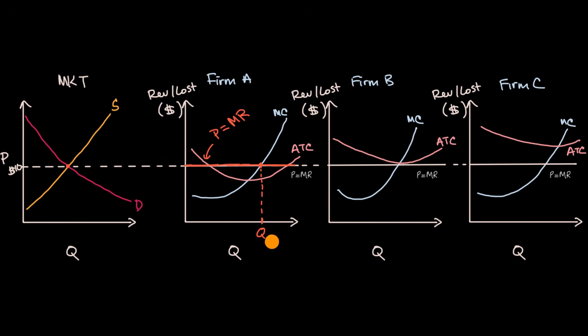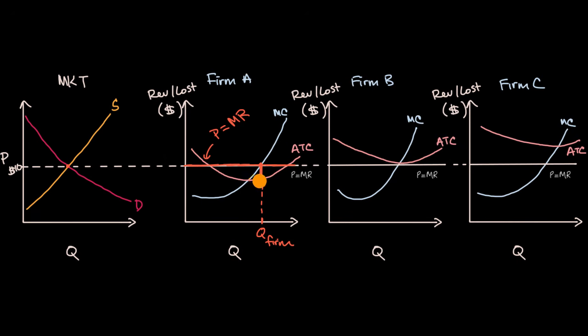So I'll say quantity for that firm. Now, is this firm going to be profitable or not? Well, at this quantity, what's its average total cost? Its average total cost is right over there. And so for every unit, it's going to make this difference between the price, or the marginal revenue, it's getting and its average total cost.